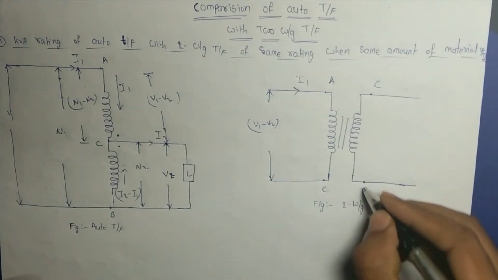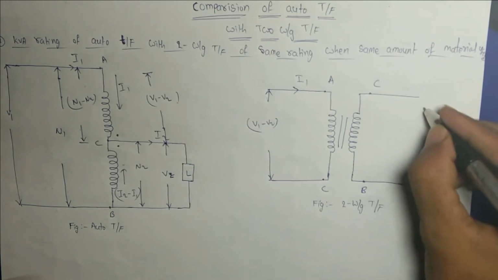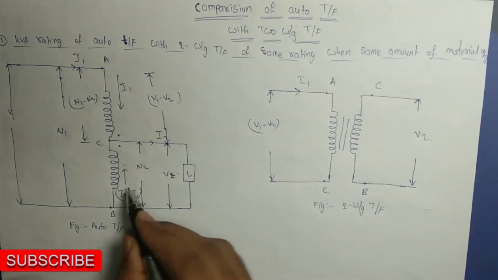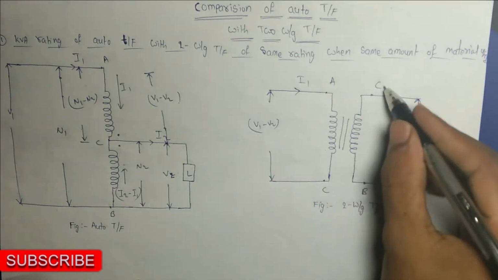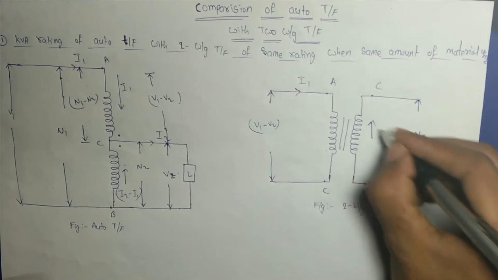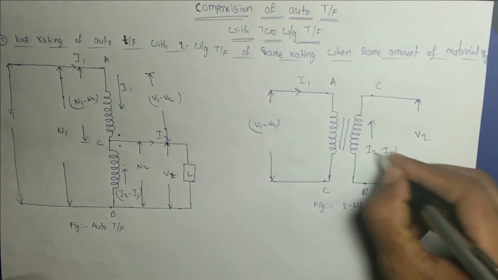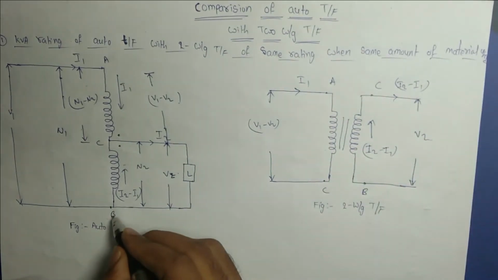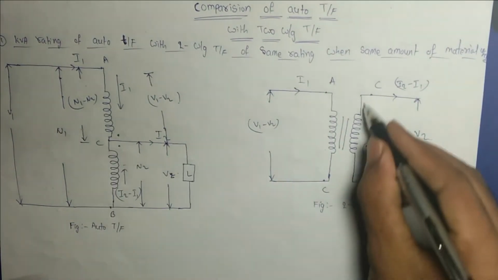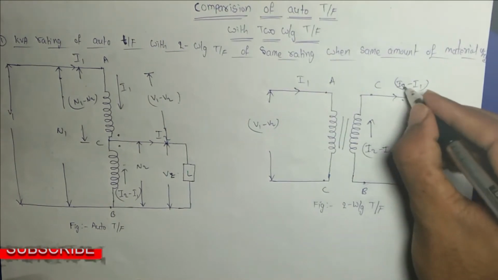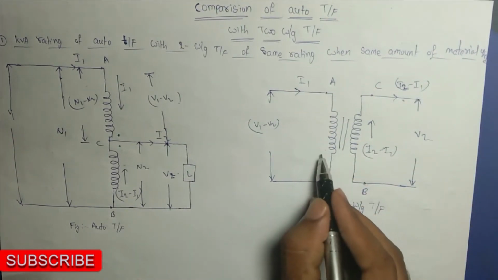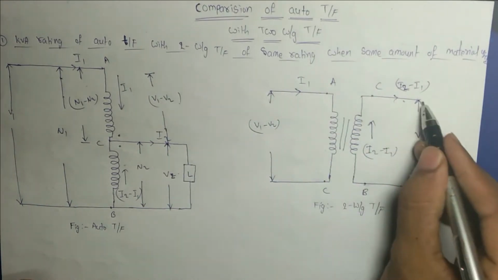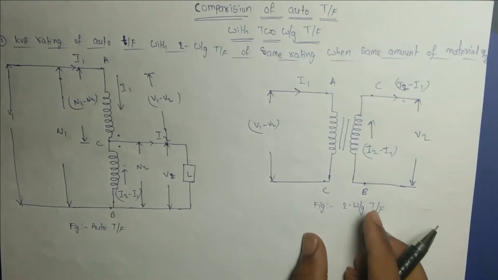Next, voltage across CB is V2. Current flowing through BC is I2 minus I1. Here current flowing from B to C is I2 minus I1. Here we have observed in primary the current is entering to the winding, but in secondary the current is leaving from winding.